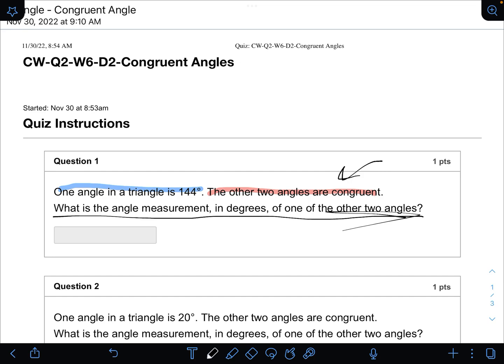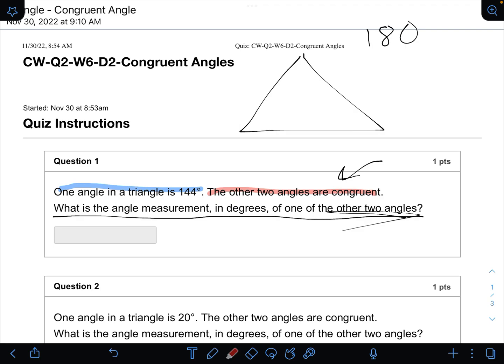So we know we have a triangle, and we know a triangle's degrees are 180. No matter how you add them, this angle plus this angle plus this angle is 180 degrees. So let's fill in what we know.